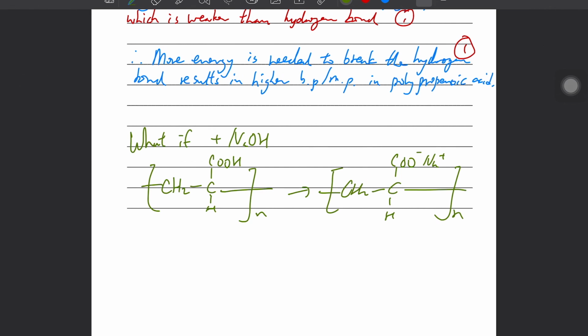With this new polymer, we do not have hydrogen bonds, but we have ionic bonds. This is an ionic bond. So this new polymer will be even stronger than polypropenoic acid. But of course, that's another story. This just tells you that hydrogen bond is strong, yes, but no matter how strong, they cannot compare with ionic bonds.